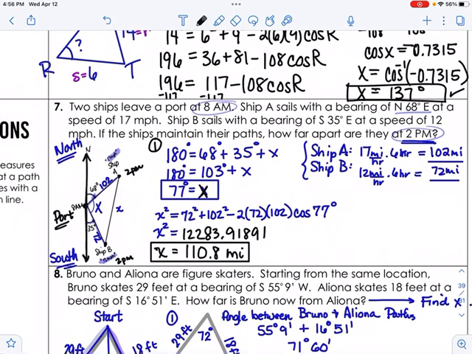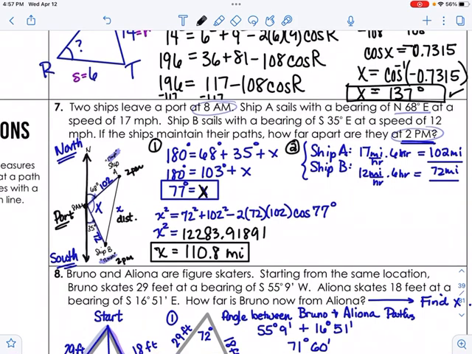Then once we have that, we can set up our law of cosines, but we're really missing something. I'm sorry. The next thing we have to do is find out what kind of distances. We want to know this X distance. This is a distance. How far apart are they? That X distance, we need to have our expressions in terms of distance.